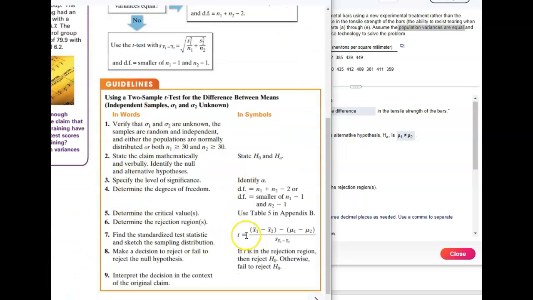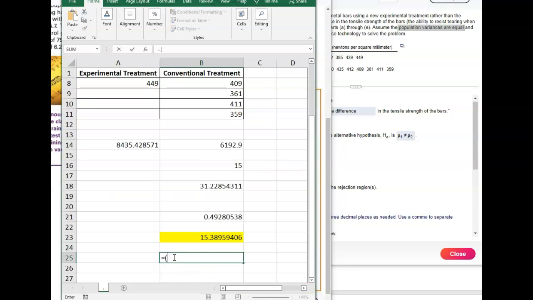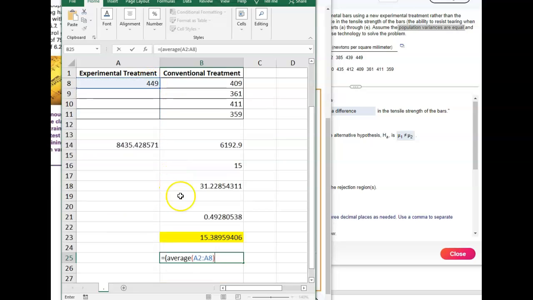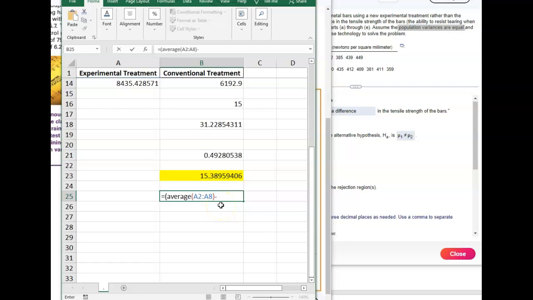So coming down here to actually calculate the test statistic that we need, that's the part we divide by, that value we just did. On top, we're going to subtract the sample means from each other. So let's do that. On top equals average. So the first sample mean, and then subtract the second sample mean.